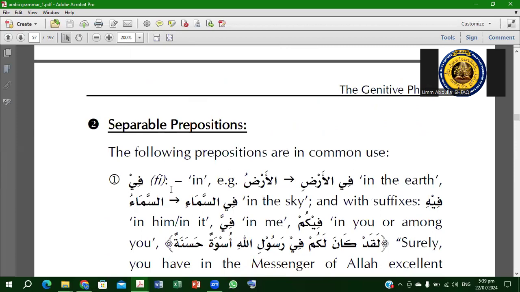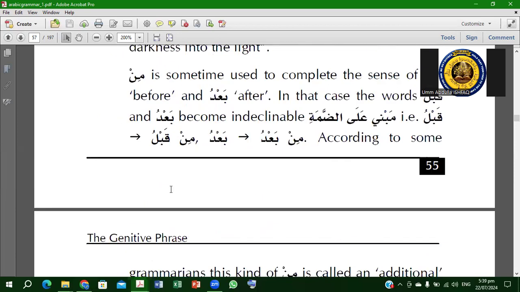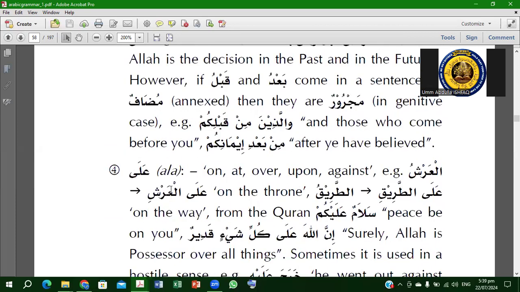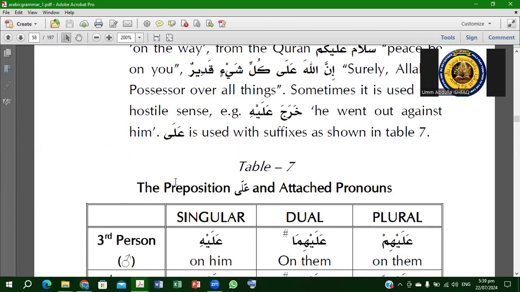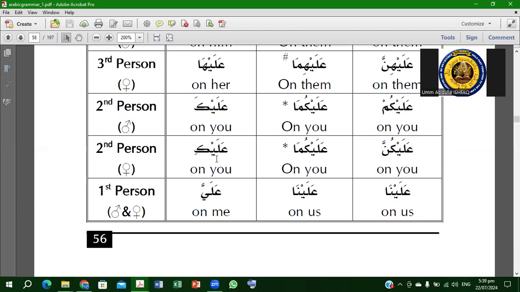Alhamdulillah, I'm just revising with you. Okay. So an, min, ila, ala. These are all harfe jar. Ala, right? And harfe jar also can join with the pronouns, right? Harfe jar with pronouns. Alayhi, on him, like that. He means him. Alayki, on you.